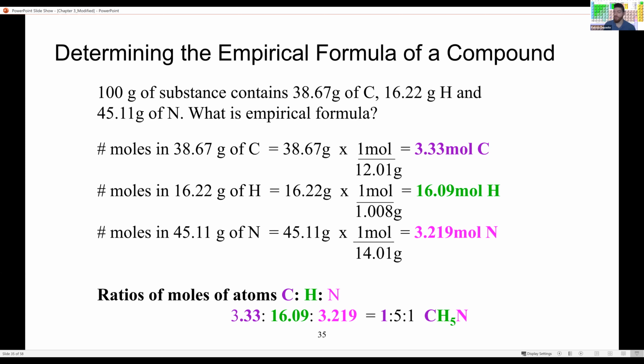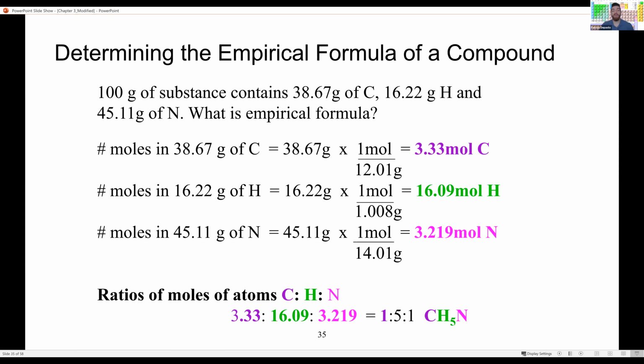And you are going to divide all of these mole numbers by the lowest one. I'll do that on my calculator along with you. So if I divide 3.33, which is the moles of carbon, by the lowest one, 3.219, I get 1.03. For our intents and purposes, that's about 1.